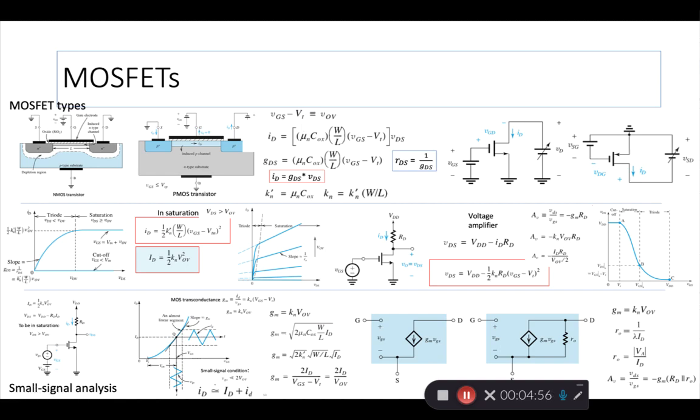VTN is for NMOS and VTP is for PMOS, and the value is about 0.3 to 0.4 generally. So that's one value.